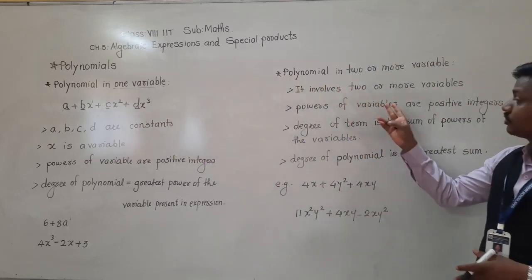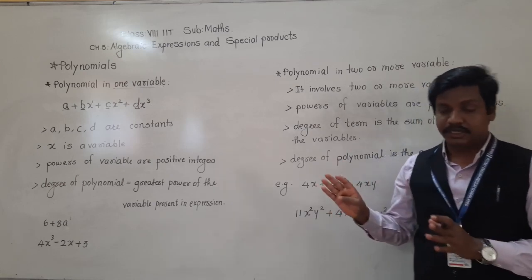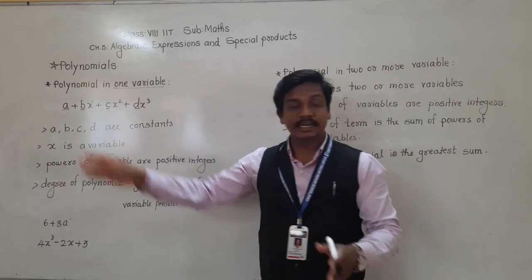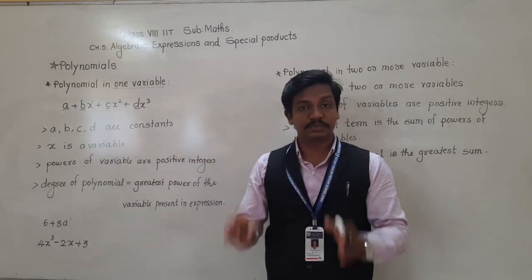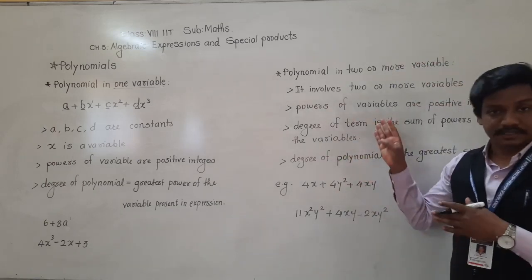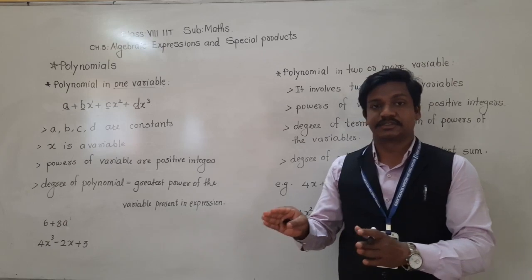There should not be negative integers or fractions. The constants can be negative, decimals or any square root, whatever, but the powers of the variables should be positive integers.